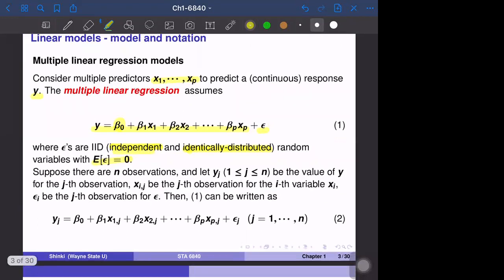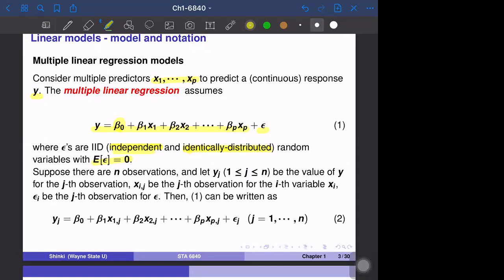Okay, so suppose that there are n observations, for example, 159 counties in the dataset, and yj is the value of y for the jth observation. So the undercount percentage for each county. So we have y1 to y sub 159. And xij is the jth observation for the ith variable.